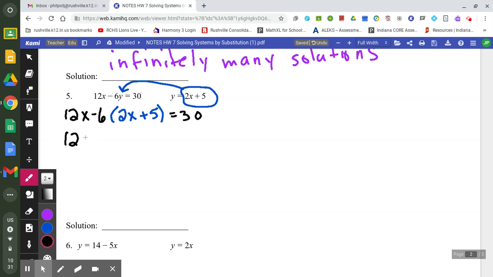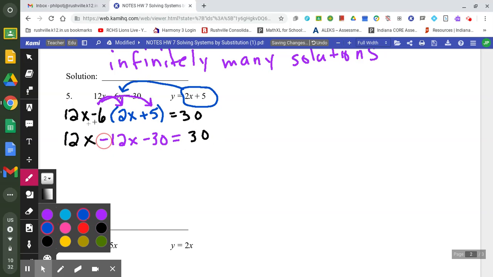So 12x, and then I have negative 6 times 2x, so negative 12x, negative 6 times 5, negative 30, equals 30.